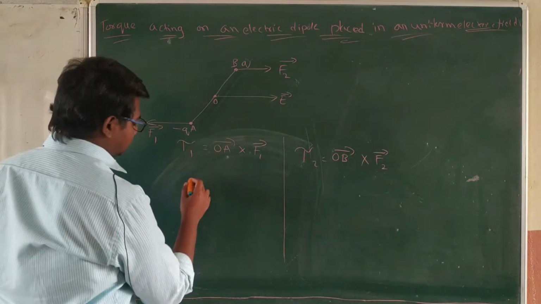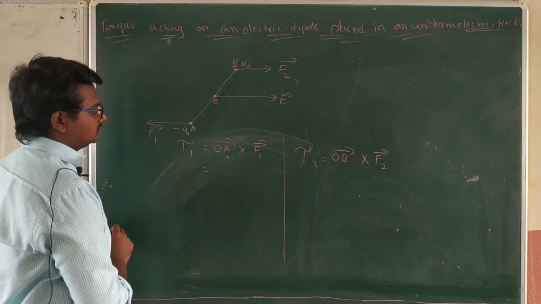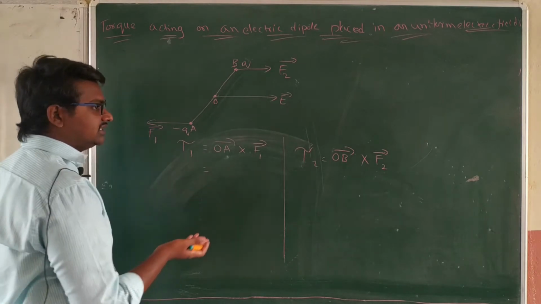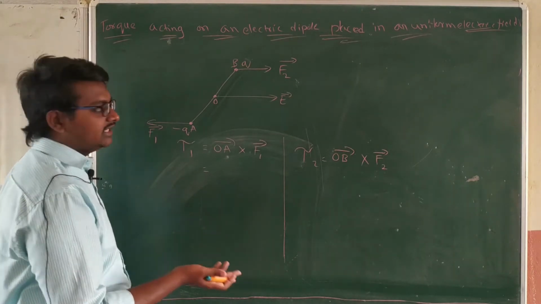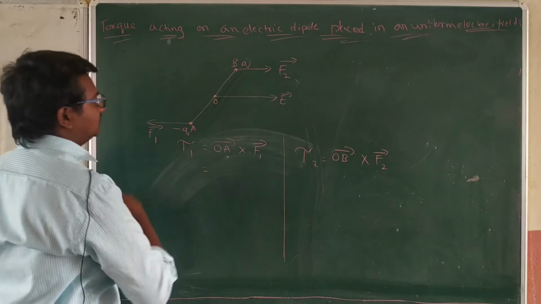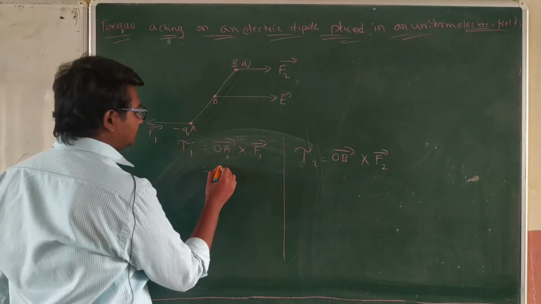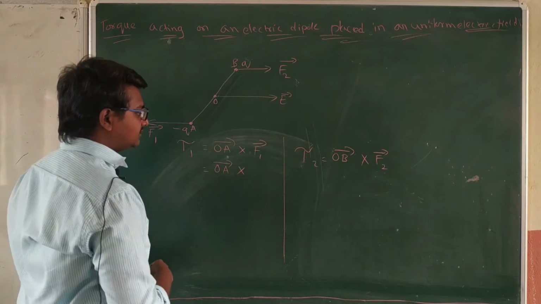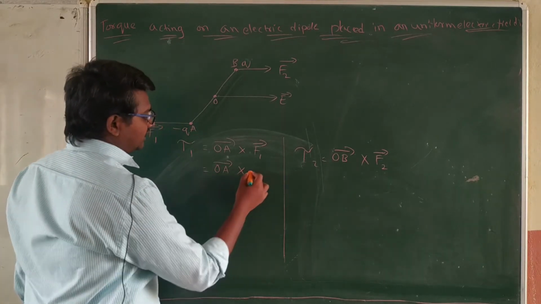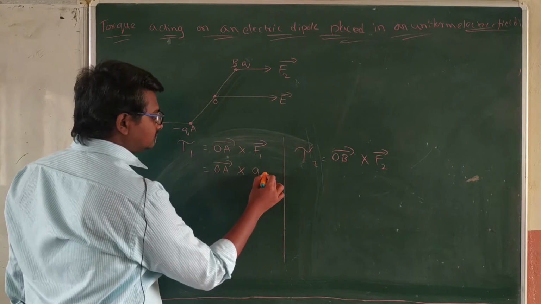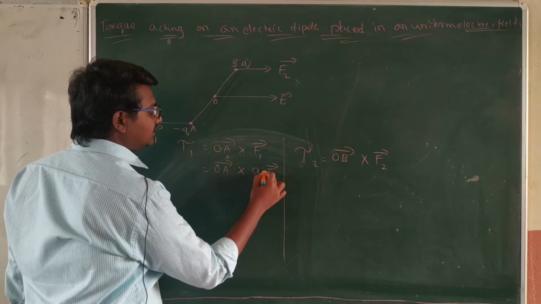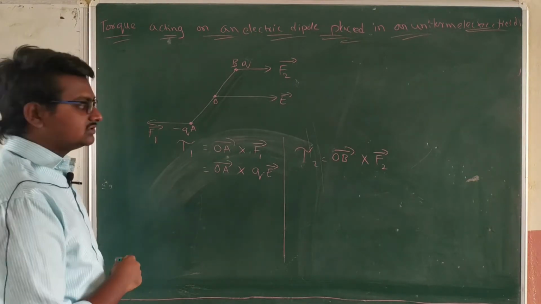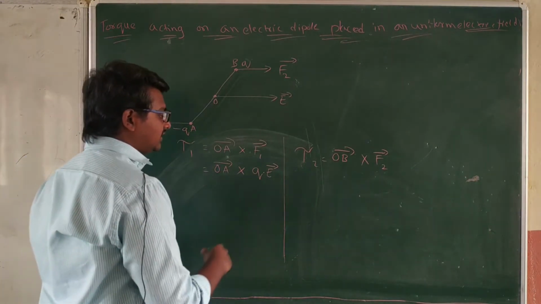Next, torque tau 1 is equal to OA bar. What is OA? OA is d by 2, half of the length actually. Let's keep OA as OA only, cross F1 bar. F1 is nothing but Q into E, right? F is equal to EQ. That is the formula we are taking here.